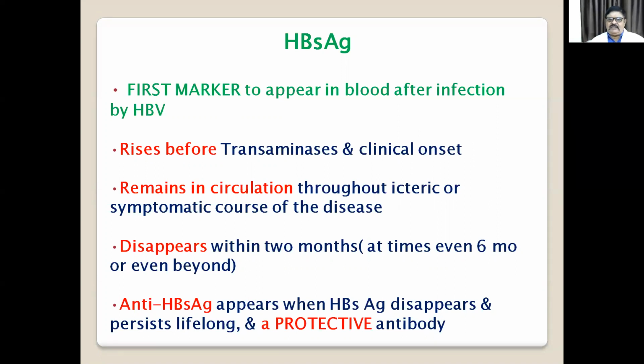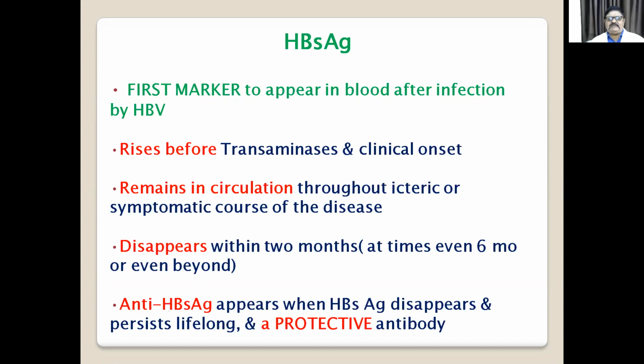And it rises even before the transaminases, that is the liver enzymes, and clinical features like jaundice. It remains in circulation throughout the phase of jaundice and the symptomatic course of the disease, and disappears within 2 months, or at times may prolong up to 6 months or even beyond, but usually 2 months.